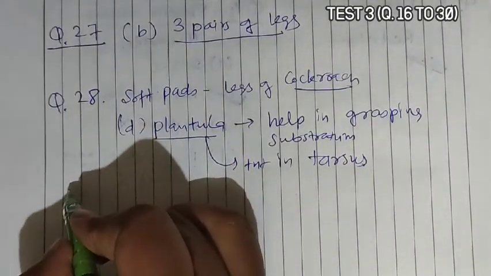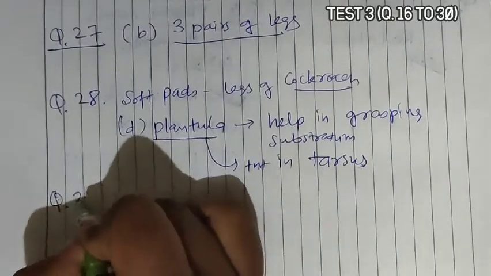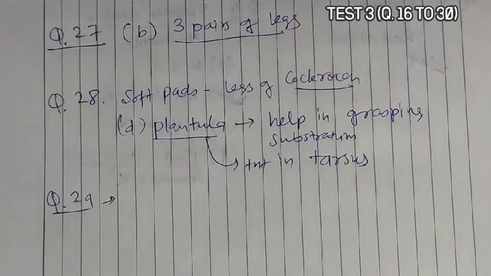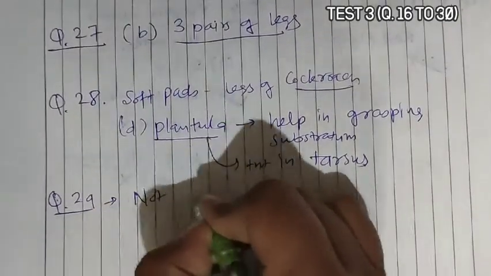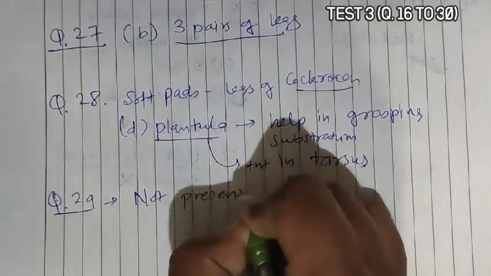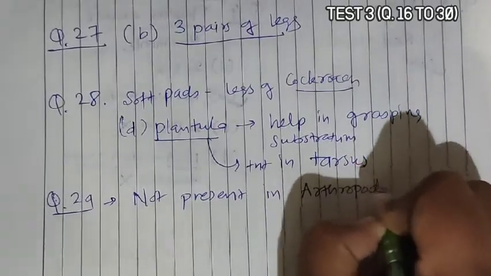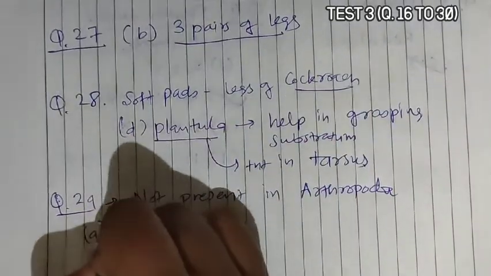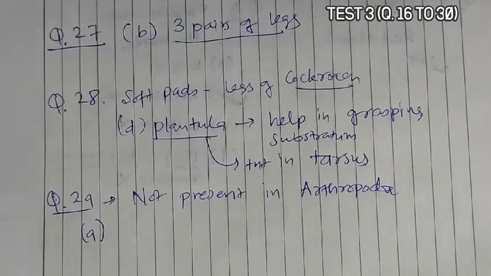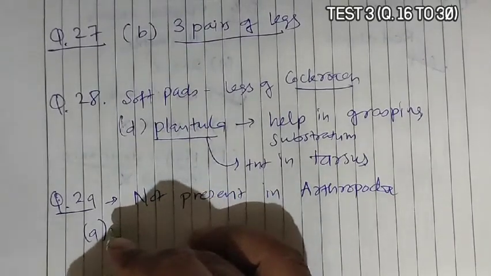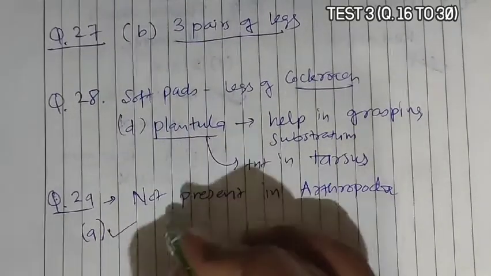Next is question number 29. Question number 29 asks which of the following features is not present in phylum Arthropoda? Option A is metameric segmentation. Metameric segmentation is obviously found in case of the arthropods, so it is correct.